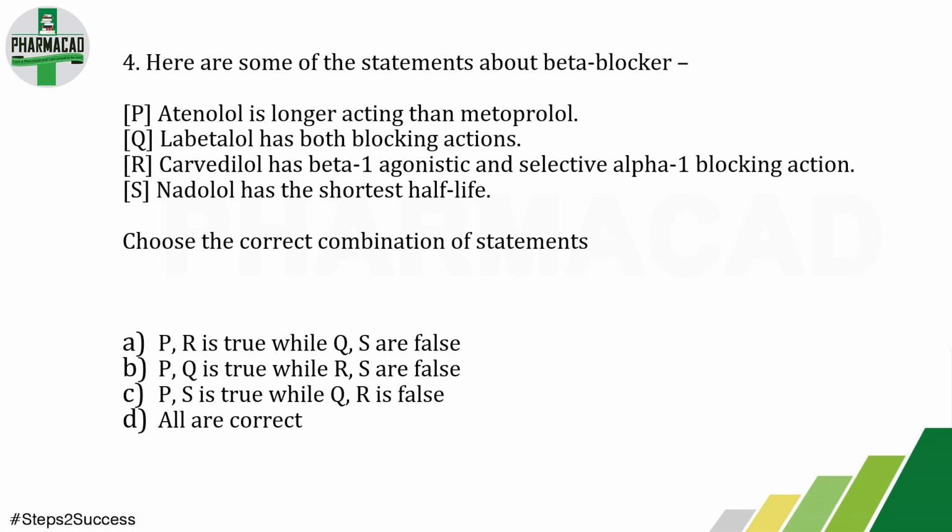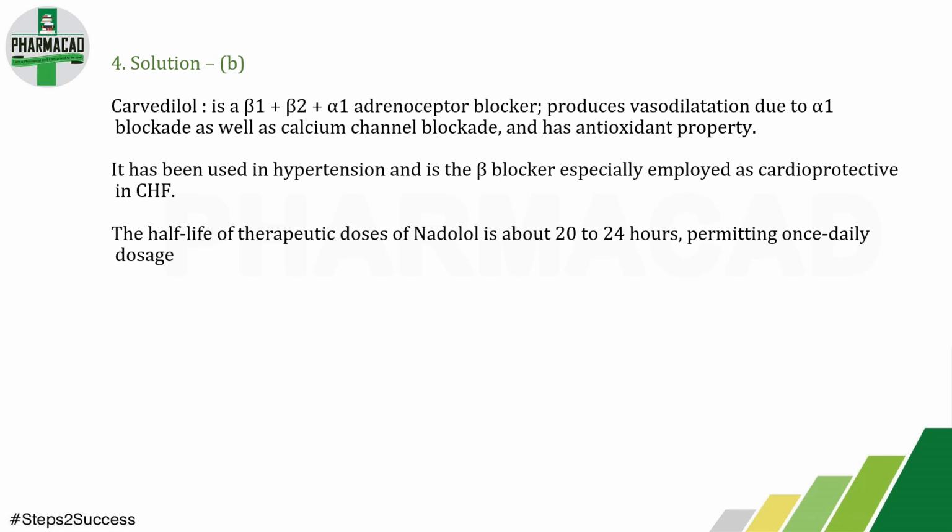Next, carvedilol has beta-1 agonistic and selective alpha-1 blocking action, and nadolol has the shortest half-life. From all these four statements, we need to choose the correct combination of statements. So the solution here is option B, that is P and Q are true while R and S are false.